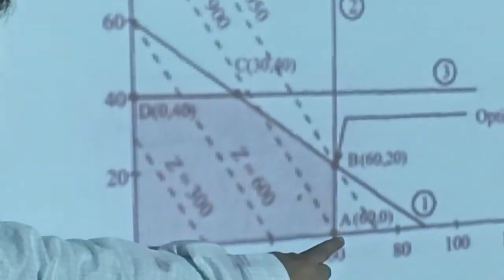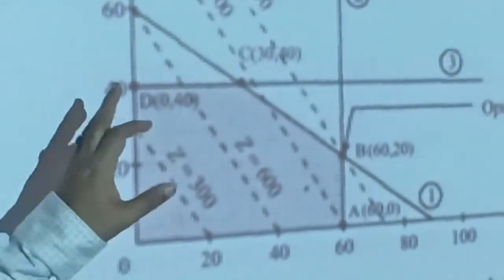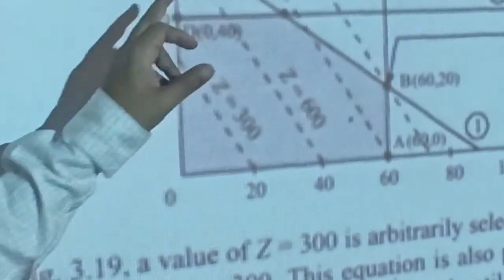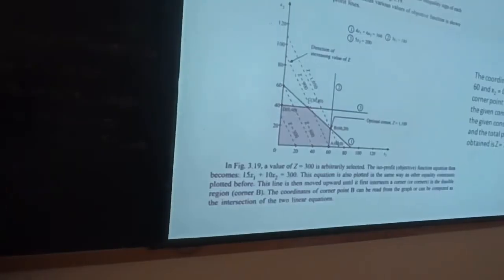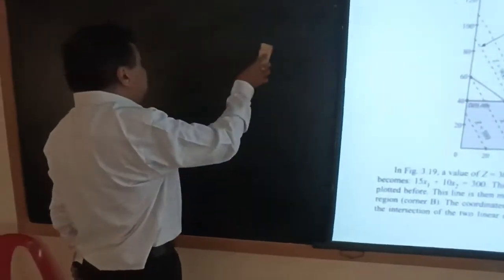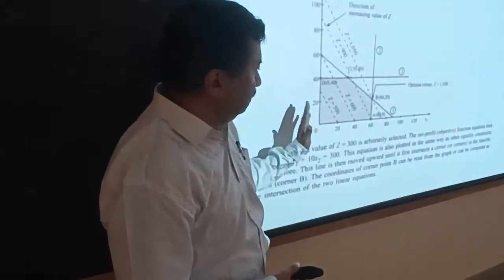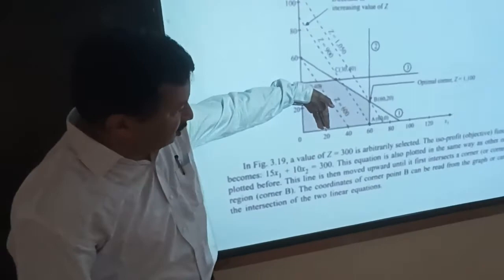Now what's our conventional way? The conventional way is to see the coordinates A, B, C and D, and then find out the profit at A, B, C and D. Now let us adopt that method and verify that profit is 1050 where it is maximum, or whether it's A, B, C or D. What we have done is draw an isoprofit line.